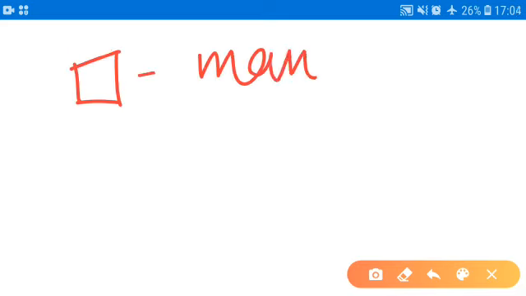First of all, learn about the representation which we are going to use for solving. For men we will use a square, okay, for representing any man. It can be father, brother, grandfather, uncle, etc. For representing a woman we will use a circle.